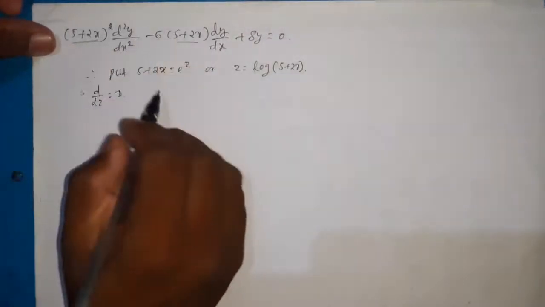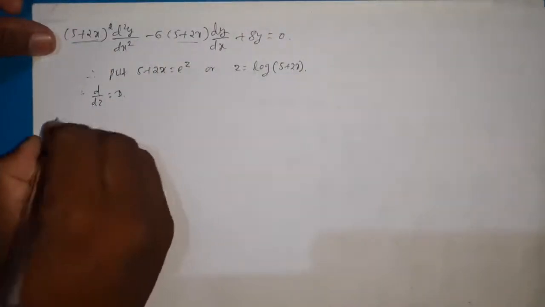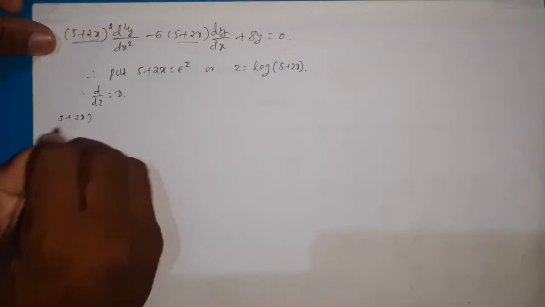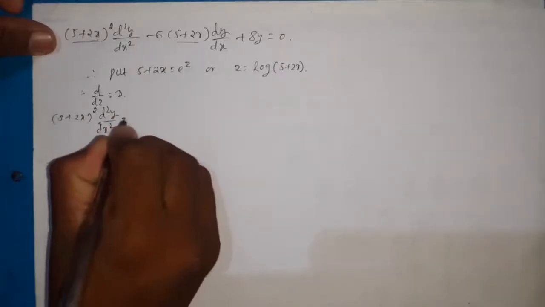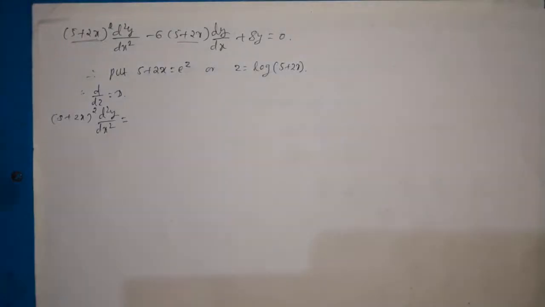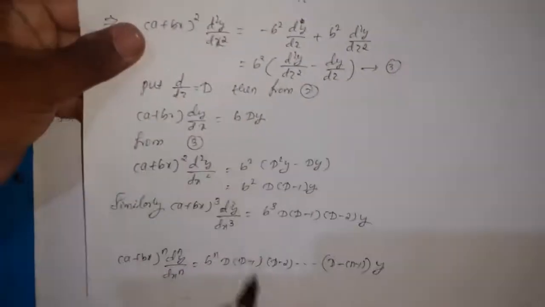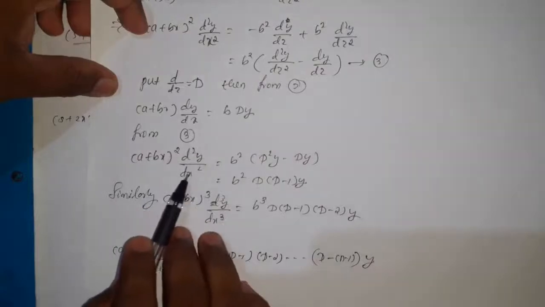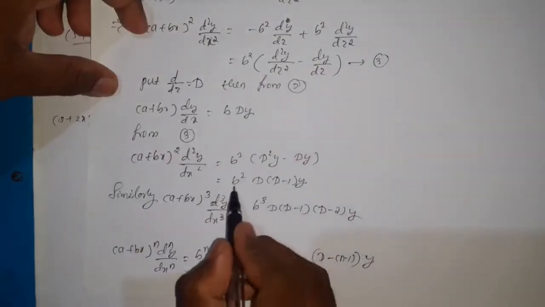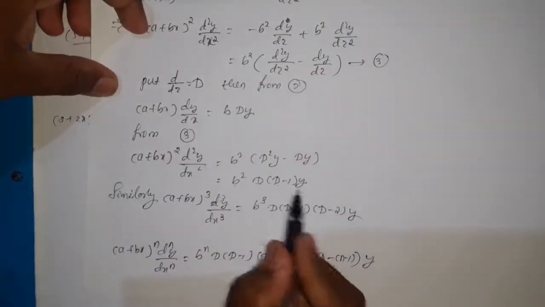Now this equation becomes, so here (5 + 2x)² d²y/dx². We have (a + bx)² d²y/dx² equal to b² D(D − 1) y.